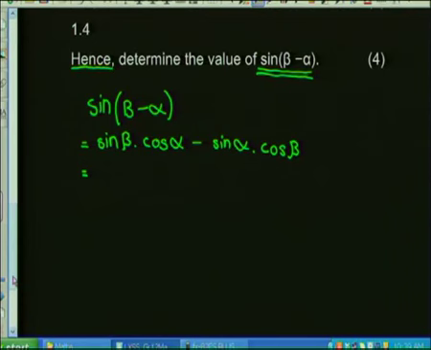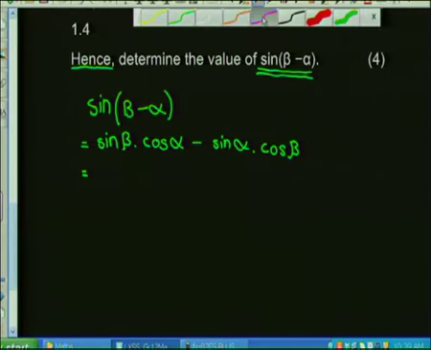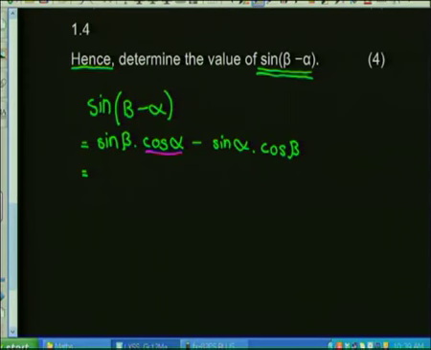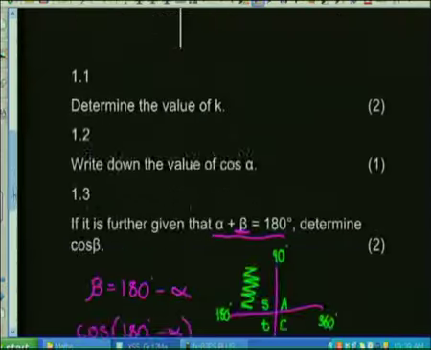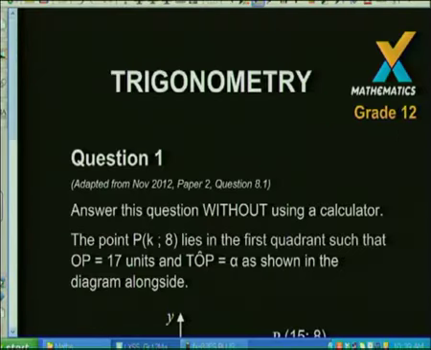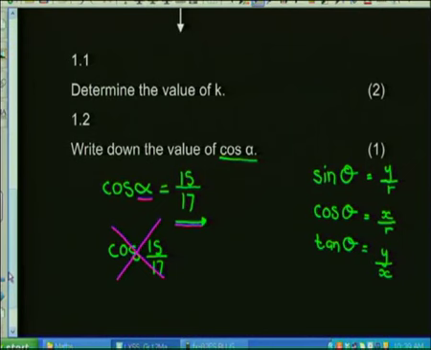Now what is left to do is to go and find the values of the trig ratios. We've already found the value of our cos alpha and cos beta. So we now need to go back to our diagram to find the values of sine beta and sine alpha. Going back to where we looked at our trig ratios, we see that sine of an angle is equal to y over r.